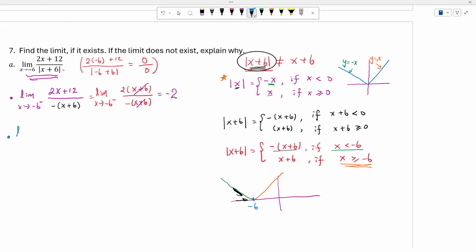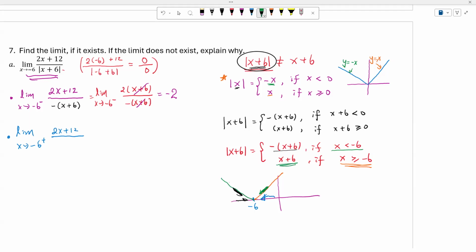And now, if we take the limit as x approaches negative 6 from the right, then again I have 2x plus 12 over the absolute value. Now, from the right, we need to work with this part right here.